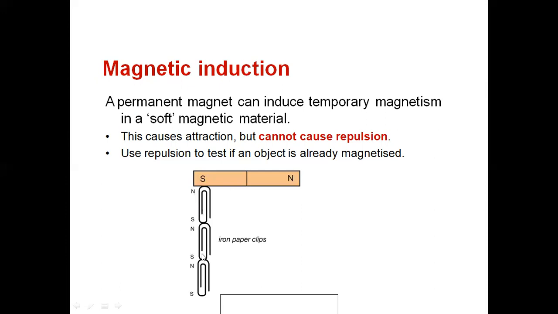But they can only attract, they can't repel. So repulsion is not induced in that. Repulsion is used to test if any object is already magnetized.